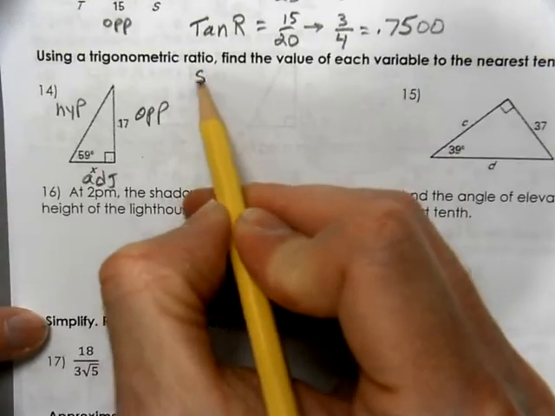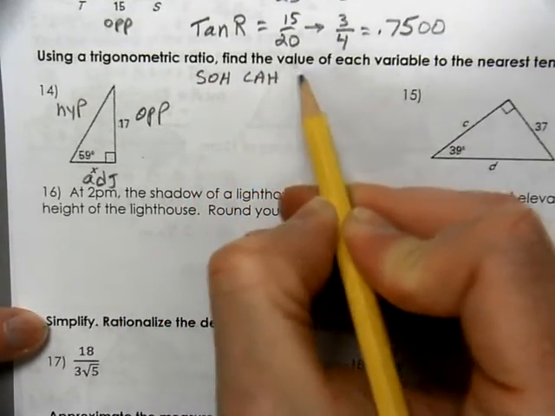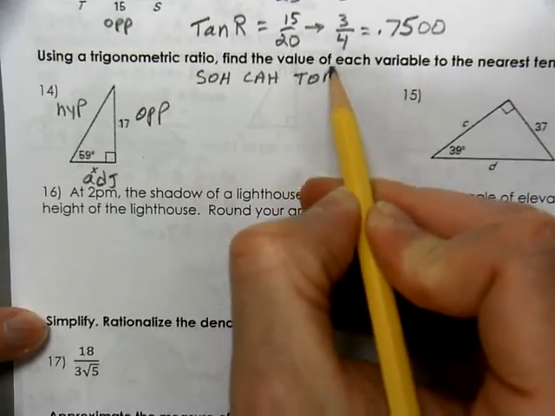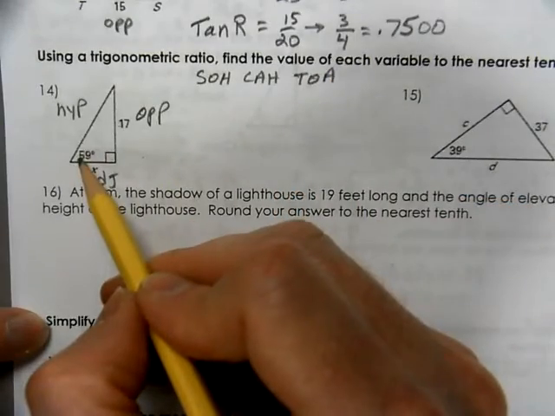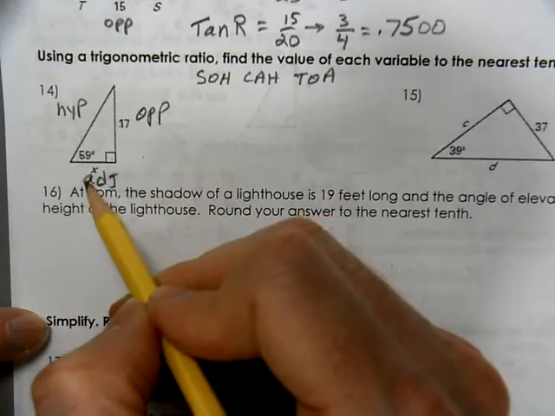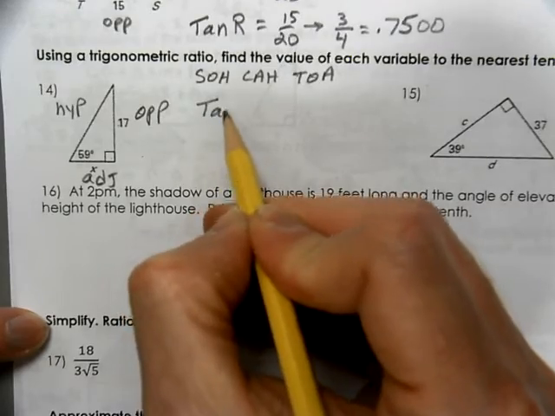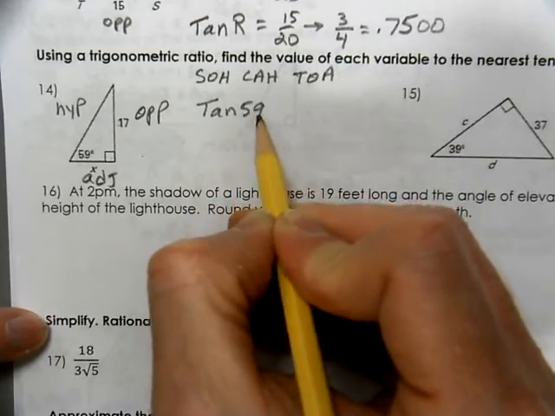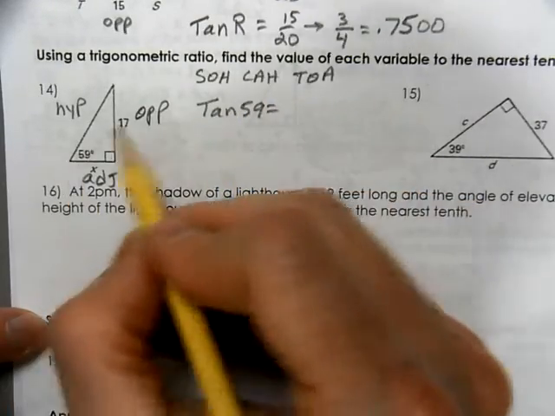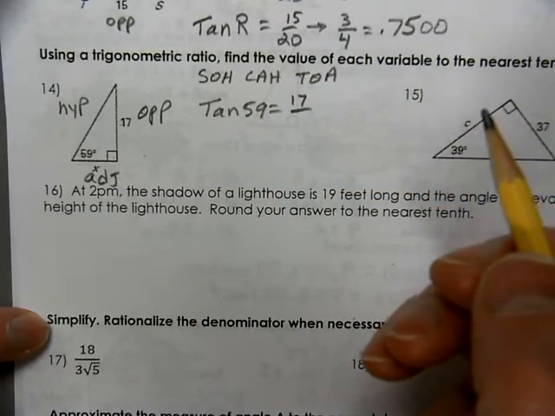So using the idea of SOHCAHTOA, from the 59, we're going to look at opposite over adjacent. So the tangent of 59 equals the opposite side over the adjacent side.